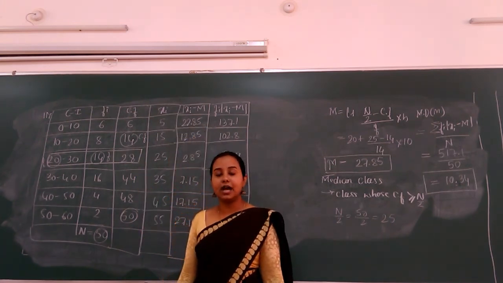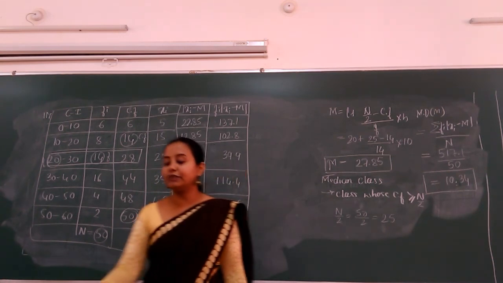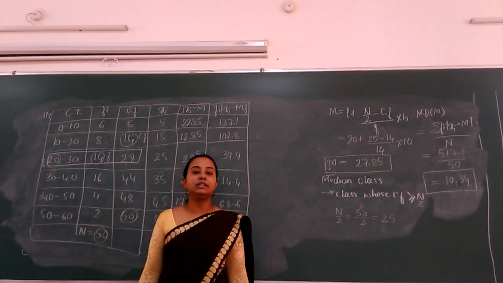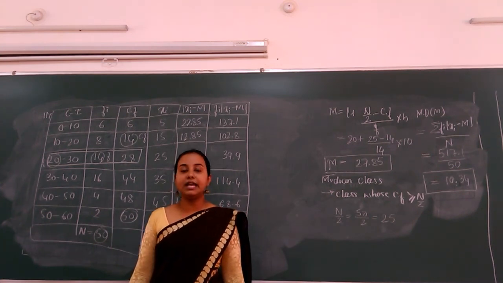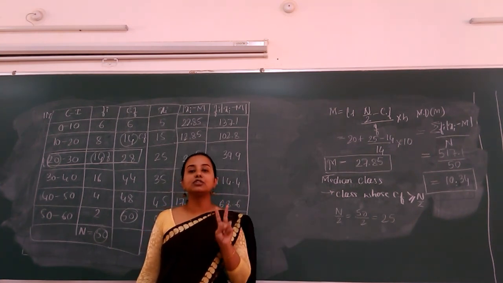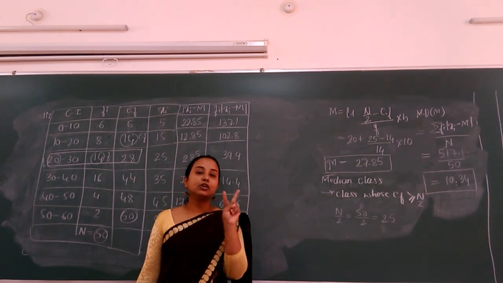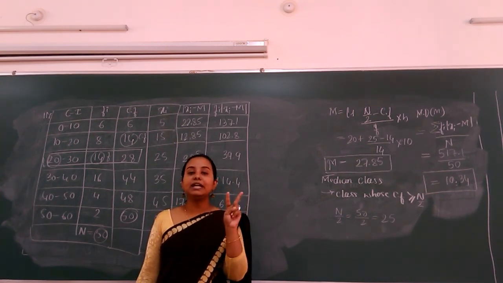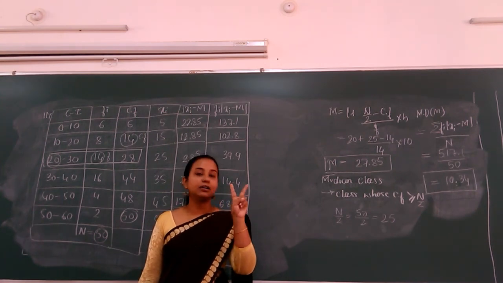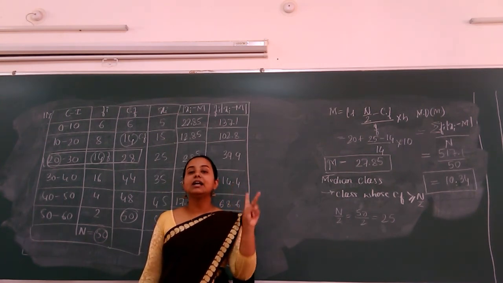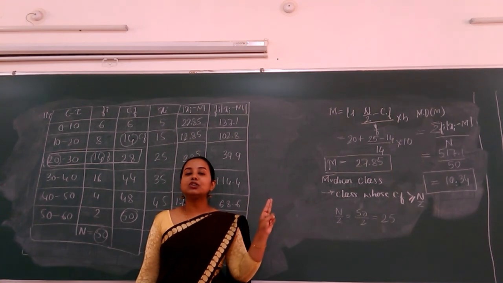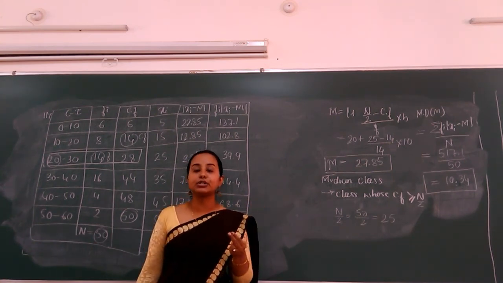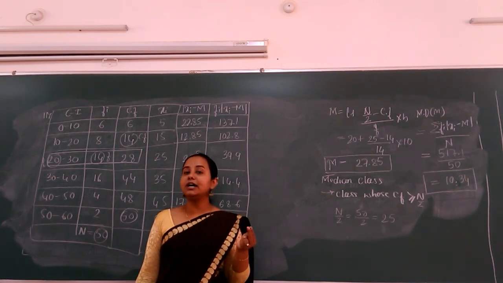Continuous data. So in exercise 15.1, what have we learned? We have learned to calculate the mean deviation about mean and median for two kinds of data, grouped data and ungrouped data. Again, in grouped data there are two types, discrete data and continuous data. While calculating these values, what special did we learn?